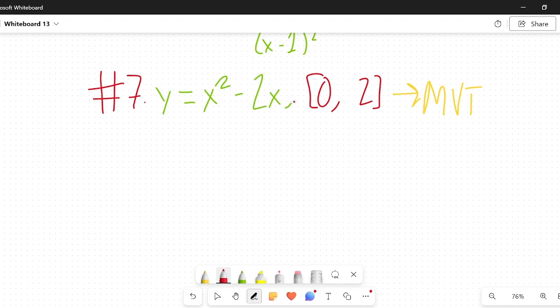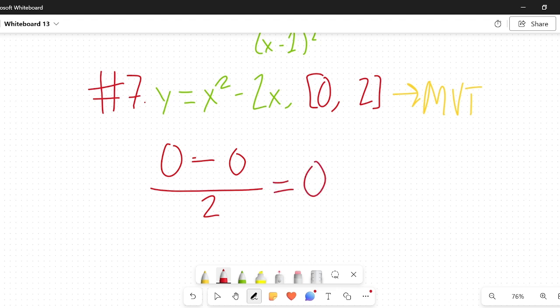So this will be 0 minus, and then if we plug in 0 into here, 0 squared minus 0 is just 0. So all of this, 0 divided by 2 minus 0, which is 2. So this is just 0.